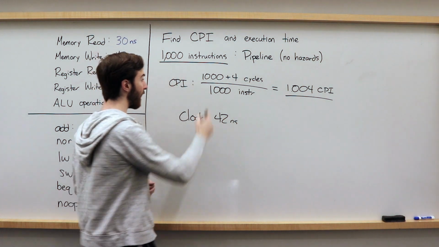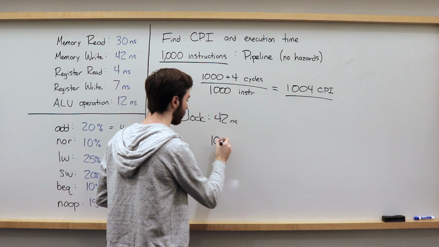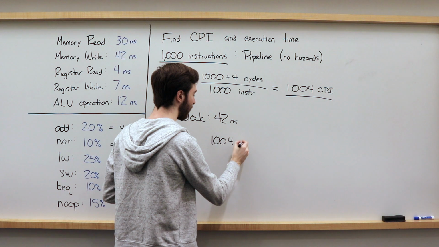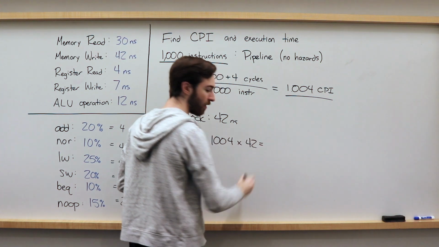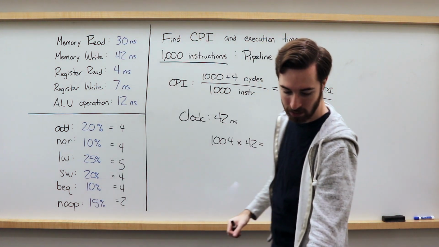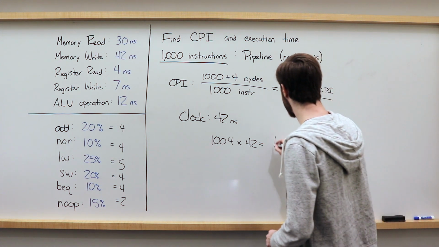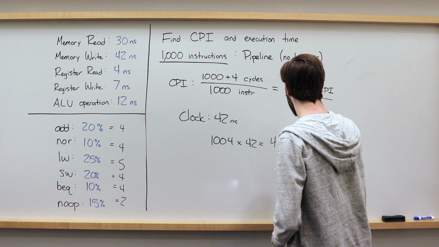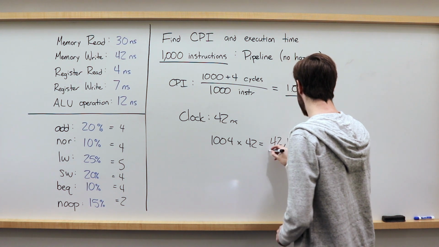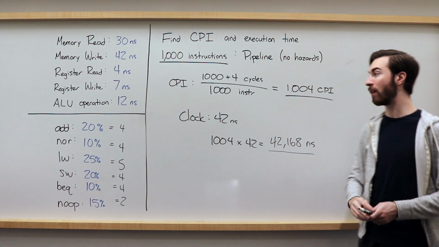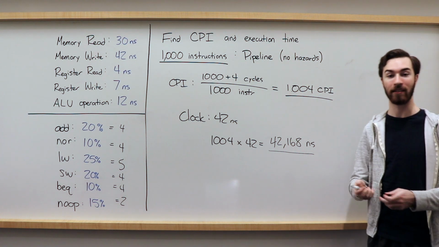To find the execution time, we just take our number of cycles, 1,004, times our clock period of 42, and we get that the total execution time is 42,168 nanoseconds for the pipeline data path, again, assuming there are no hazards.